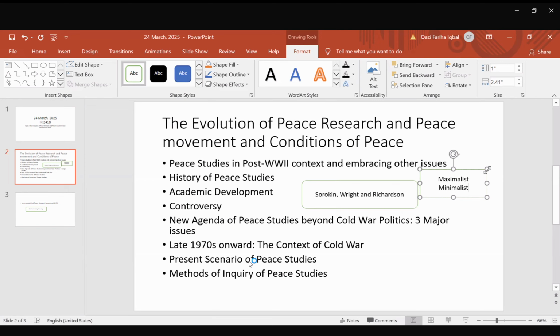In the late 1970s, if you look into two important events of 1979, what happened during 1979? What was the prominent incident? One was the Islamic Revolution of Iran. Can anyone recall the Islamic Revolution of Iran in 1979 and the hostage crisis?